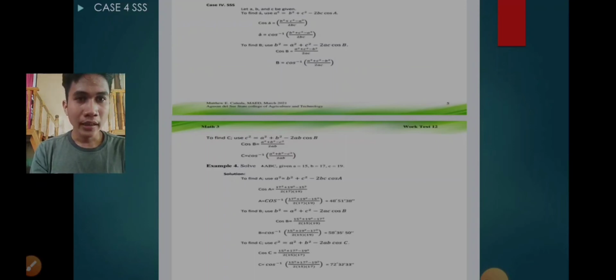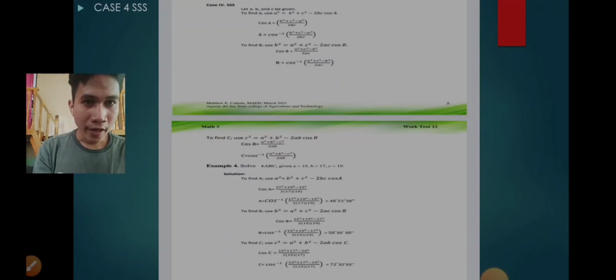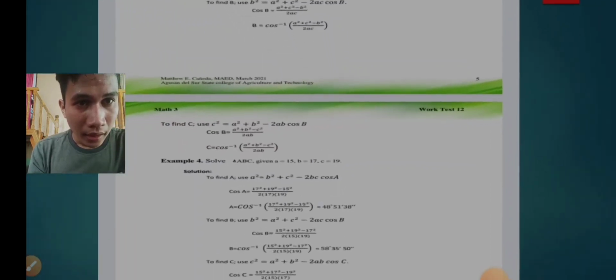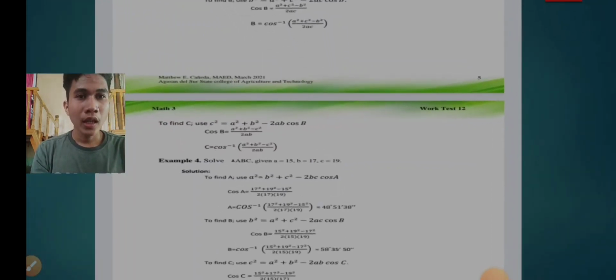To find the angle A, we need to use cosine inverse of the quantity 17 squared plus 19 squared minus 15 squared over 2 times 17 times 19.